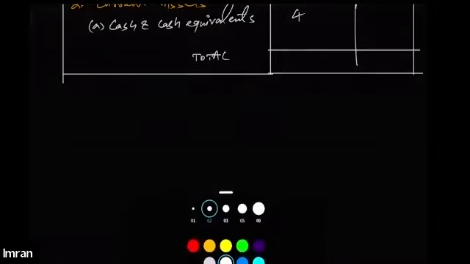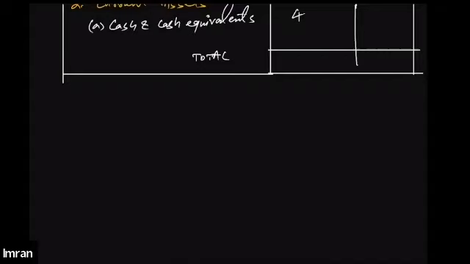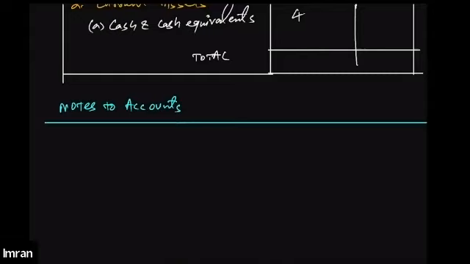Got it? Now let's prepare notes to account. For that purpose, we'll have to make a separate working note. Notes to account. First of all, we'll write down the note number here.